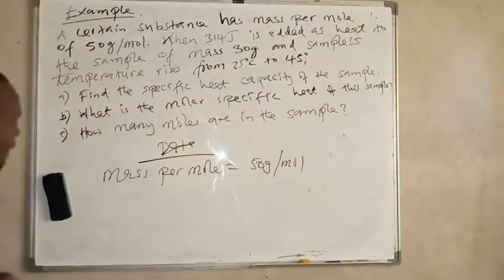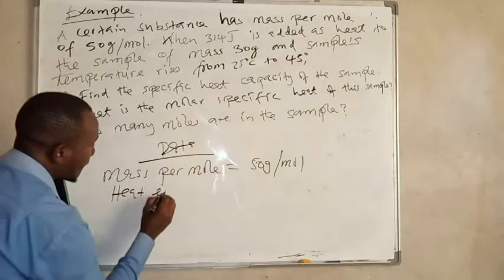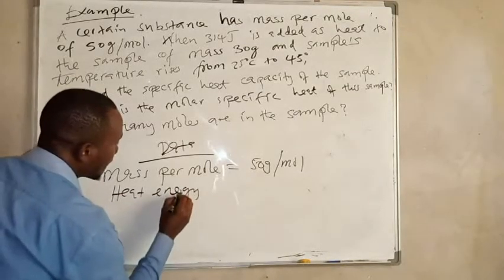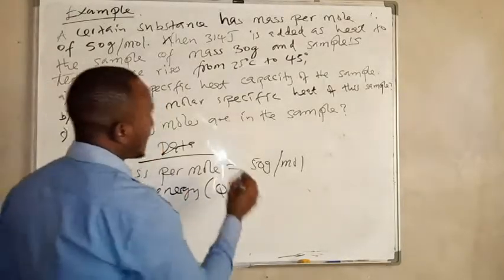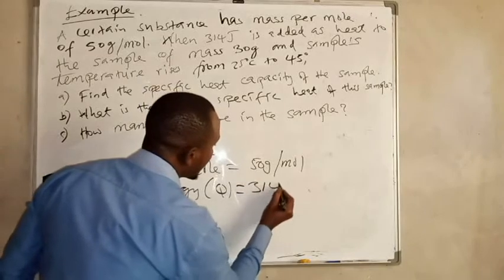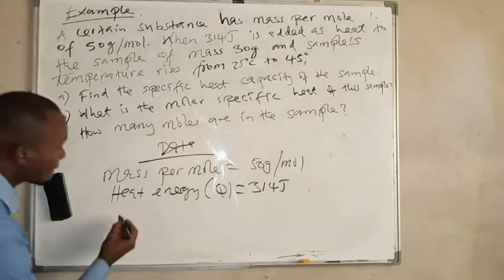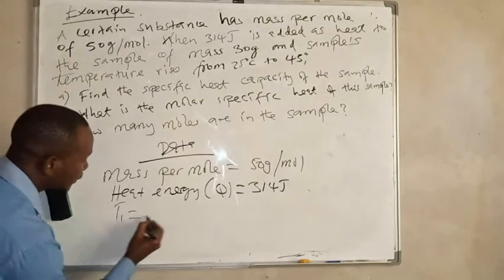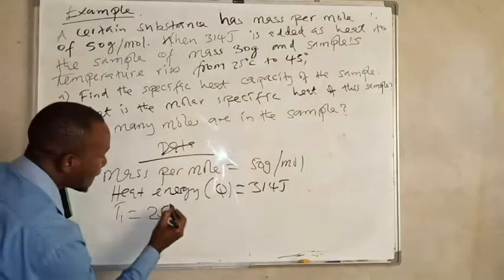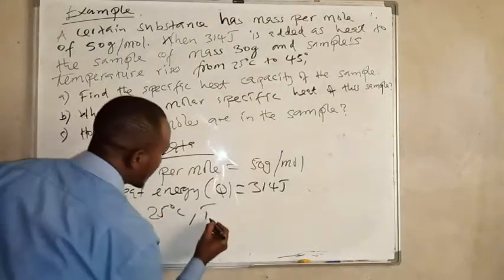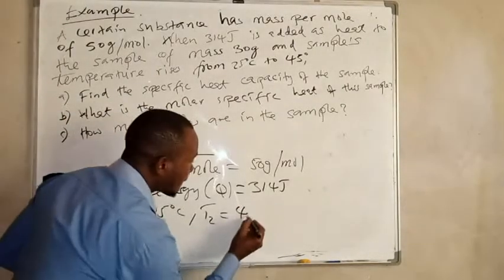Then the other thing is energy, which is heat energy, 314 joules. T1 is the temperature one, 25. Our T2 is 45.